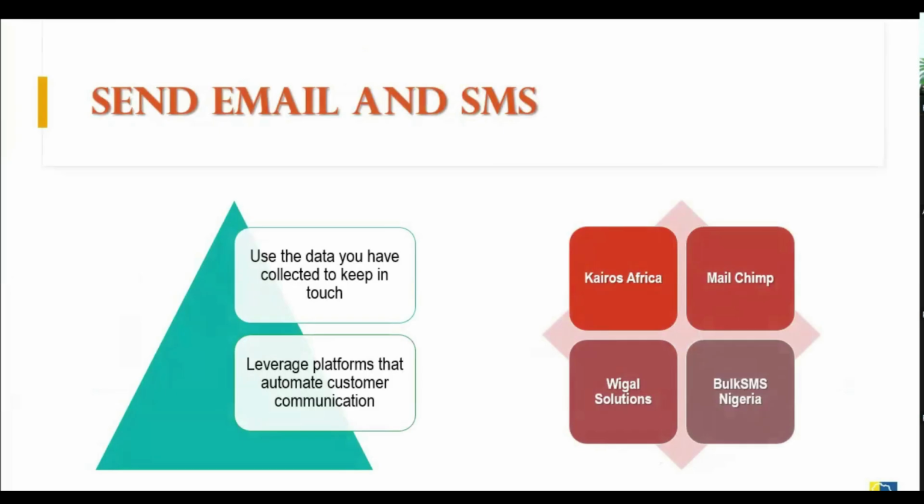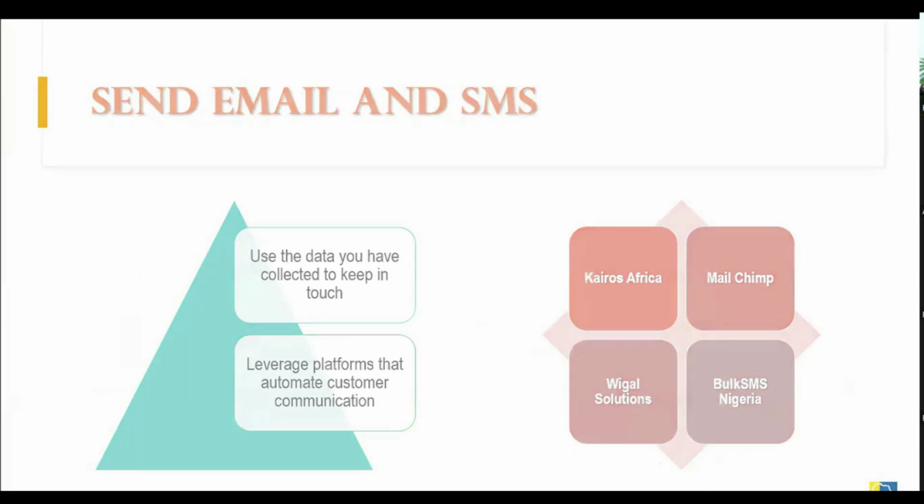We can't go deep into this, but I just want to mention that there are many platforms like MailChimp, Kairos Africa, Bulk SMS Nigeria, where, now that you have the data, you can communicate with people automatically because you have a whole set, and it's in the format that these platforms accept, which is CSV format, Excel format. You can now take it, send messages, send emails, and all sorts of things.